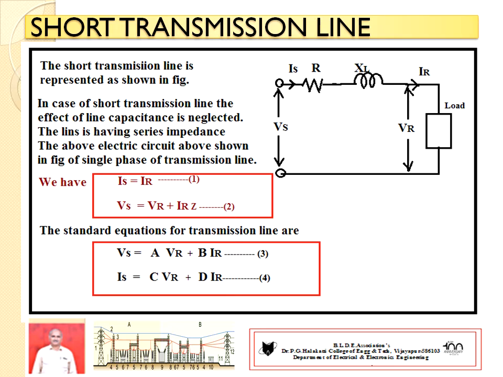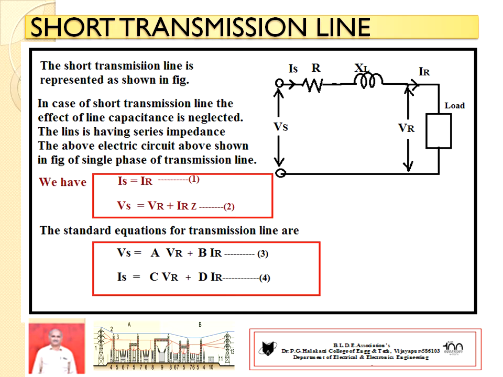Then second one, R is given, XL is given, then it is possible to calculate impedance of transmission line. Therefore, directly we can write sending end voltage equal to receiving end voltage plus drop Ir into Z. It gives Vs, equation 2.